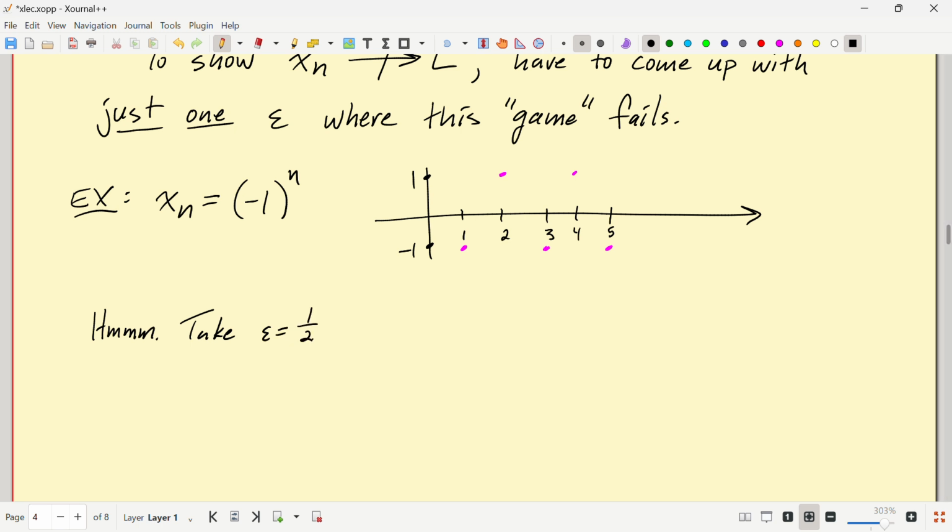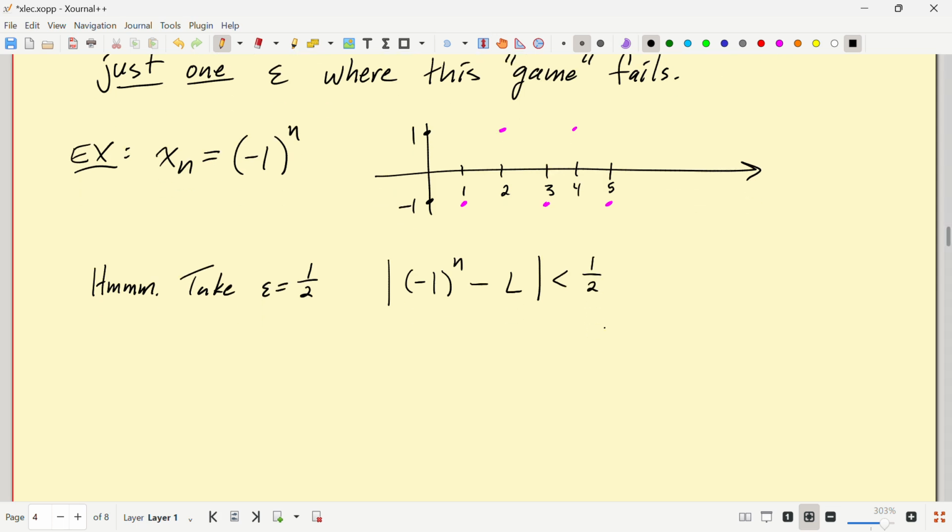Then we would need |(-1)^n minus the limit L| to be less than a half.